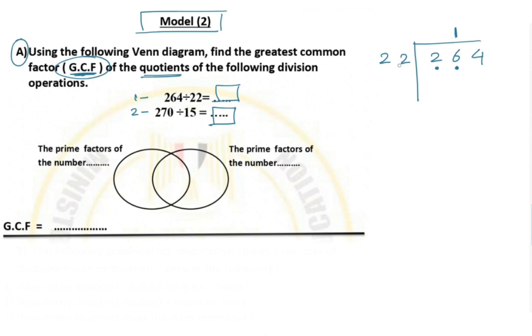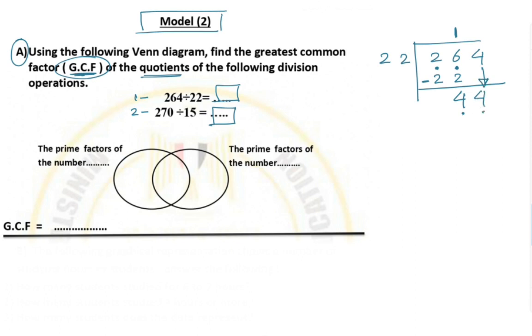Look with me. 1 times 22 is 22. Now it's turn to subtract. 26 minus 22 is 4. Okay, now divide 4 by 22. It's impossible. So what's the solution here? Just drop down the next 4 and put it here.